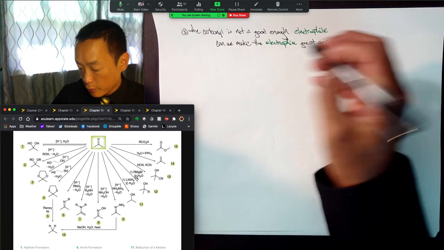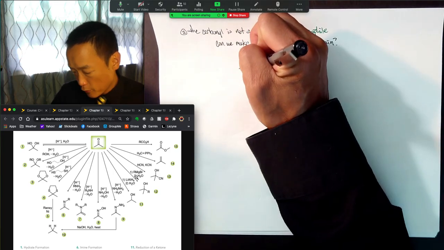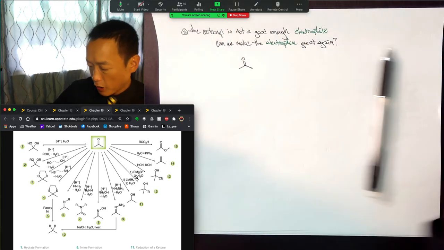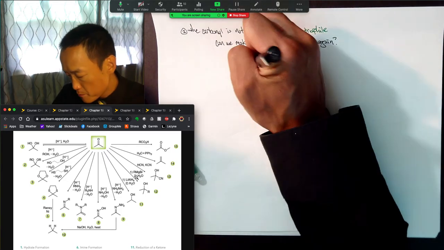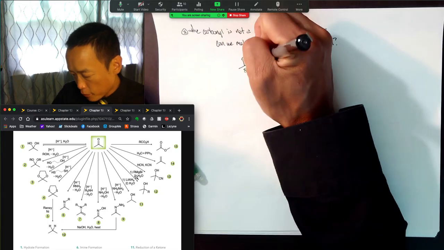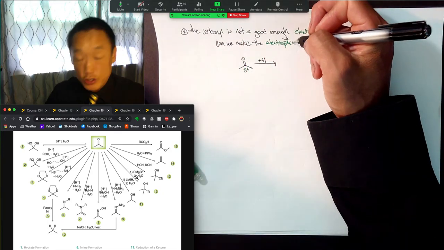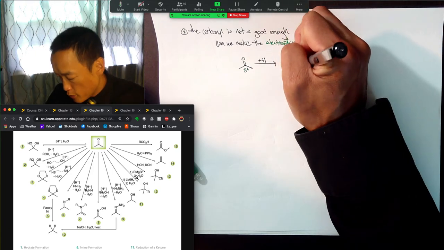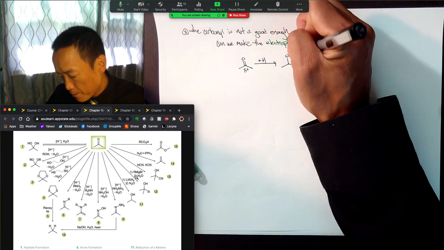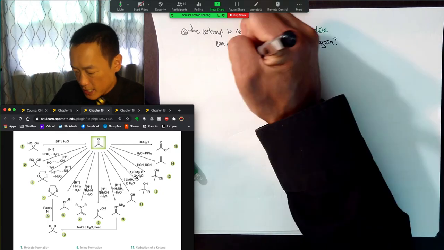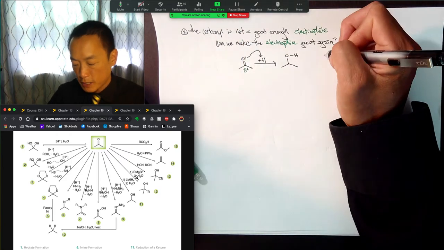Well, that's really quite simple. We have an electrophile right here that is a partial positive at all times. And if we were to just merely impart a proton onto this molecule or this functional group, the oxygen atom would get that proton by taking these lone pair of electrons and picking up that proton.